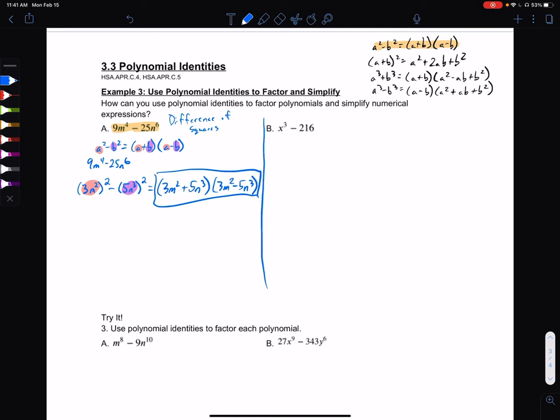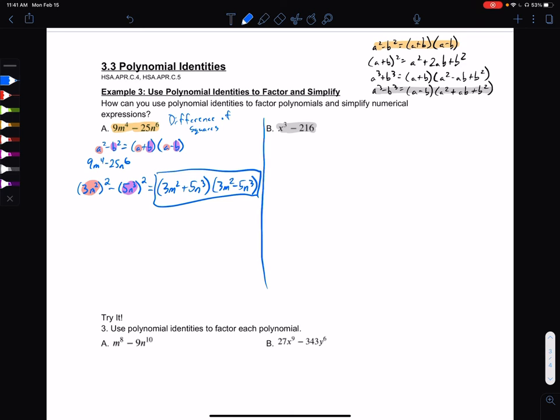So part B, now we're looking at x cubed minus 216. Since I know we're dealing with polynomial identities here, I'm pretty confident that 216 is a perfect cube. And in this case, this is the difference of cubes.